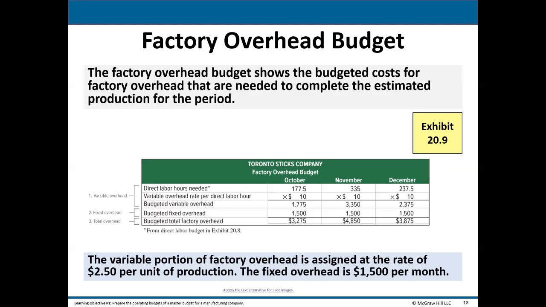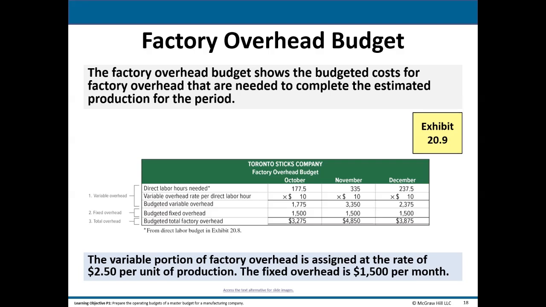So then third, you just compute your total budgeted overhead, which is just the total of parts 1 and 2. Now, variable cost items commonly include indirect materials, indirect labor, factory utilities, and maintenance of manufacturing equipment. Fixed cost items commonly include supervisor salaries, depreciation expense, and property taxes. We cover overhead budgets in detail in the next chapter.